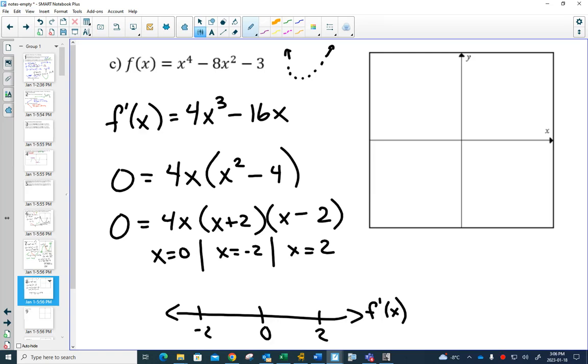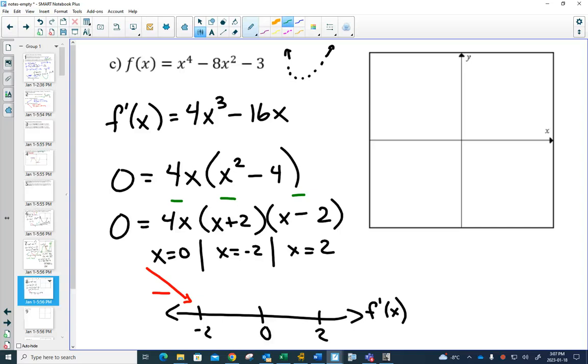I'm going to label this as f prime of x. And again, take our green pen, plug in something less than negative 2, like negative 5. Can you see? This would be negative. This would be negative. This would be negative. A negative times a negative times a negative. This will be negative and decreasing, without actually having to plug in negative 5 into here and do mental math.